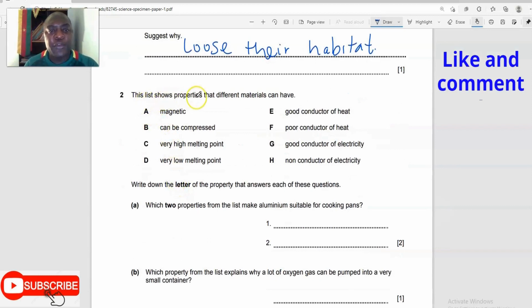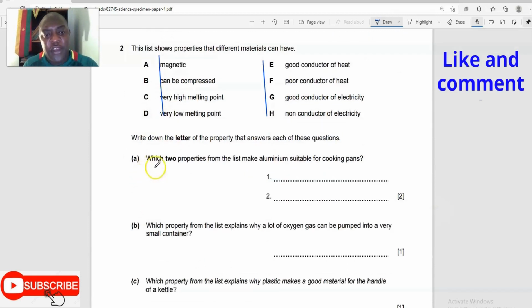Okay. All right. Question number 2. This list shows properties that different materials have. Write down the letter of the property that answers each of these questions. We have the different properties right here from A to H. Now the first part of this question, A, asks which two properties from the list make aluminum suitable for cooking pans?